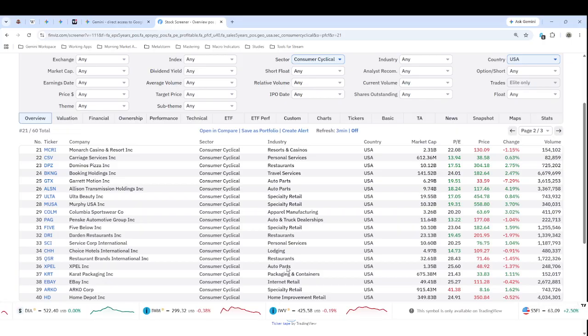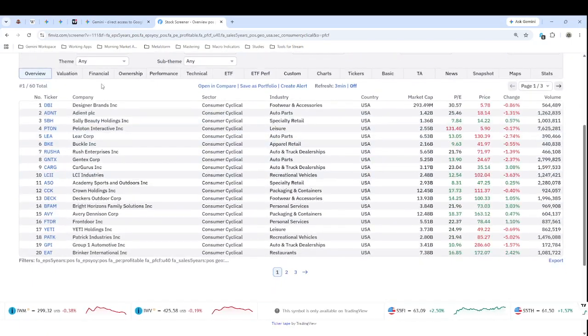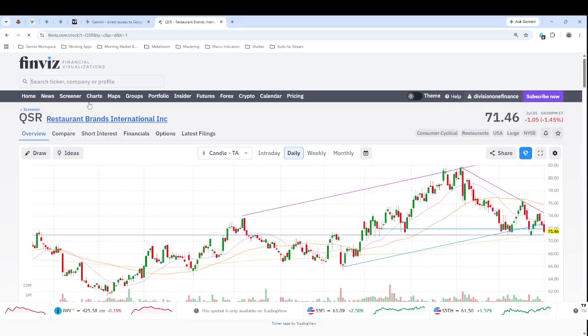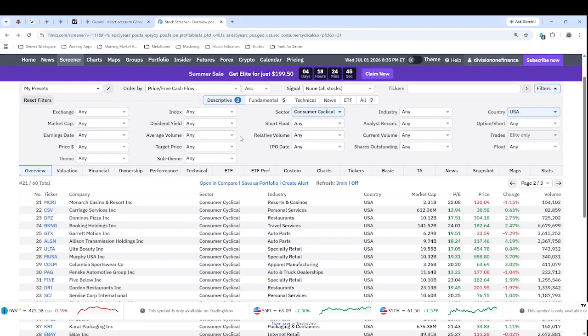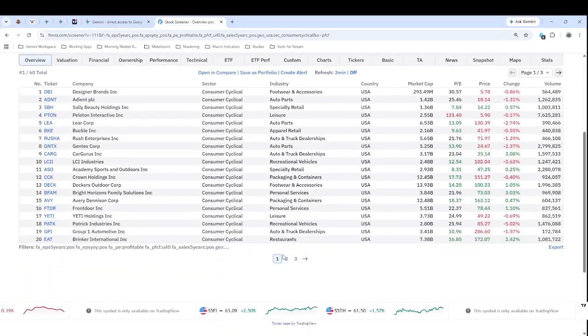Now, for the record, one great way to do this would be to see who's in common, like who would be on the first 2 pages here for price to free cash flow, but who would also be on those first 2 pages for return on invested capital. Now I have easier ways to get that done, so we're not going to be doing that particular thing.